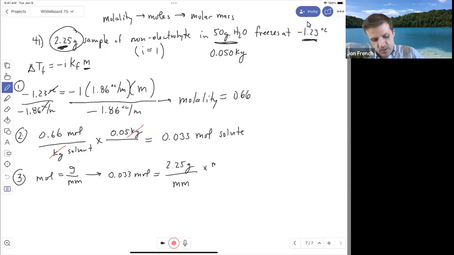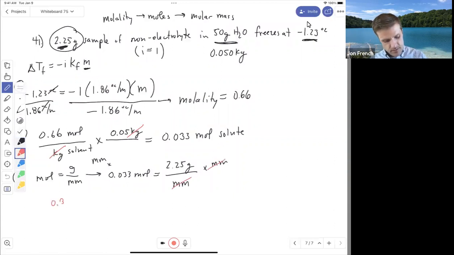So we can multiply both sides by molar mass, and that cancels out. So I get 0.033 moles times molar mass equals 2.25 grams.